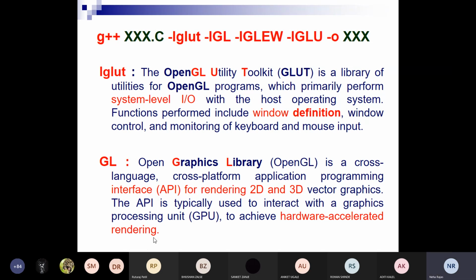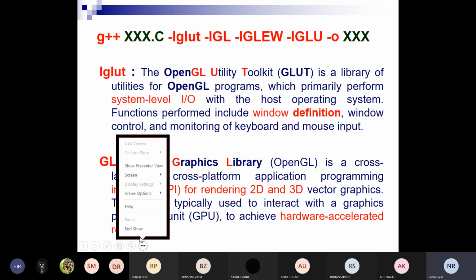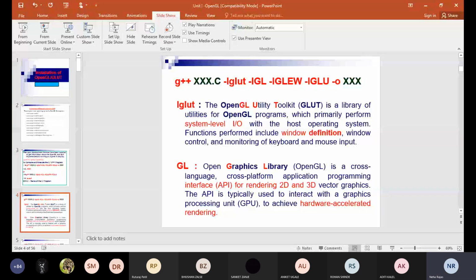How is a GPU different from a CPU? Ma'am, GPU has many small cores. Ma'am, it is used for graphics processing. Okay.